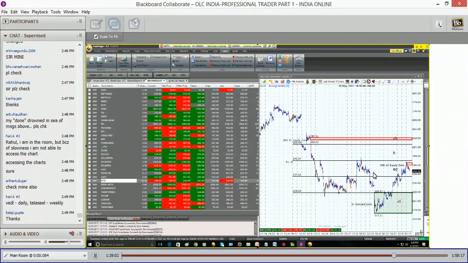So I'll be expecting Minu's mail and Hari's mail with respect to these two. Which is a more preferable level to take a trade, Nikhil? Lower one, upper one?